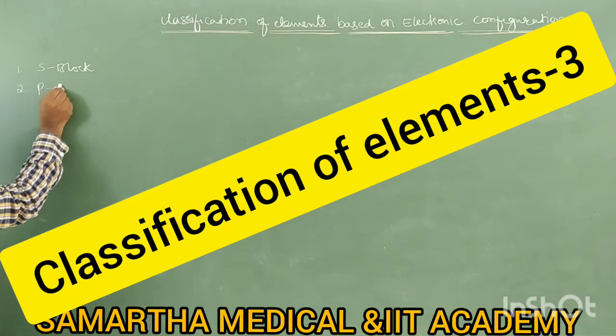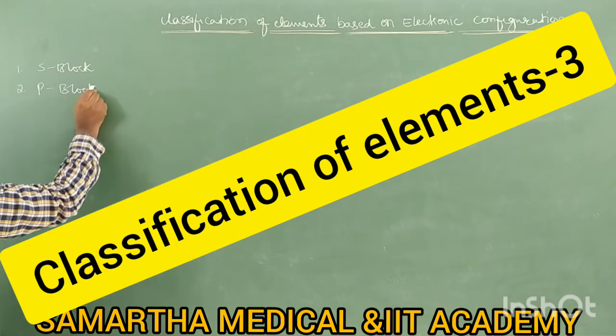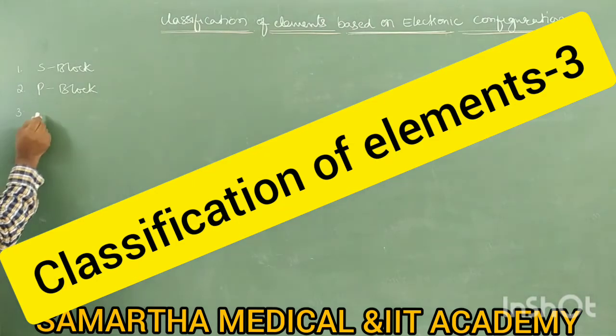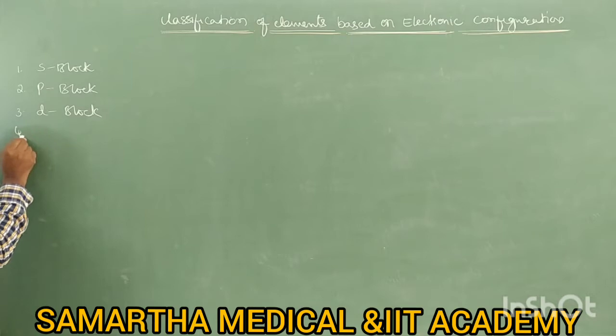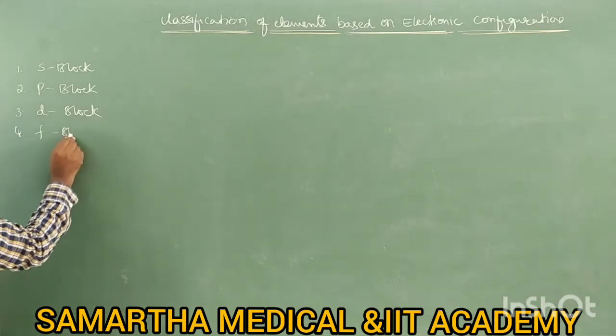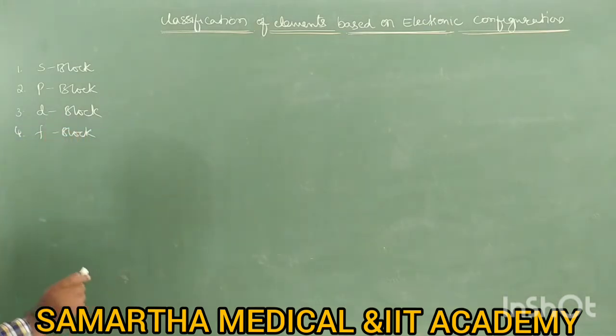Next, the second one, P block element. This is also completed. Next, the third one, D block element and F block element. D and F block elements we have not studied, so in this class we are going to study D and F block elements.